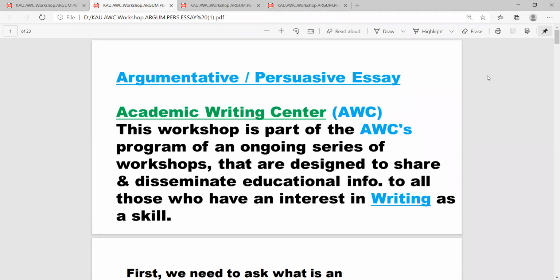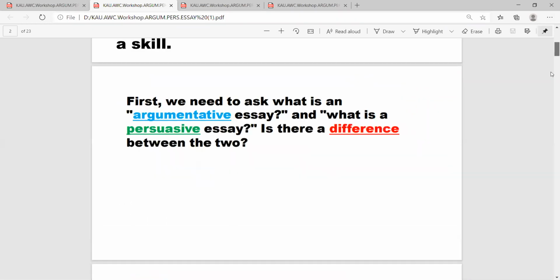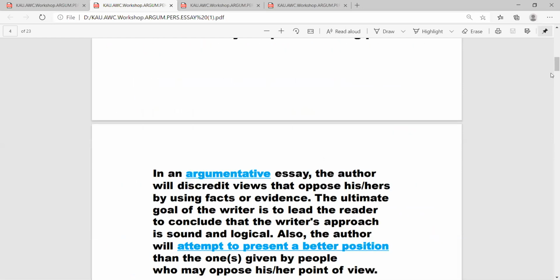First of all, let's explain why. As you probably already know, both the argumentative and persuasive essays are two types of essays that express a point of view.